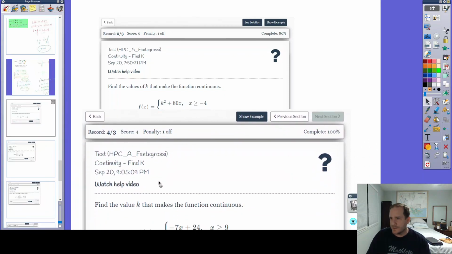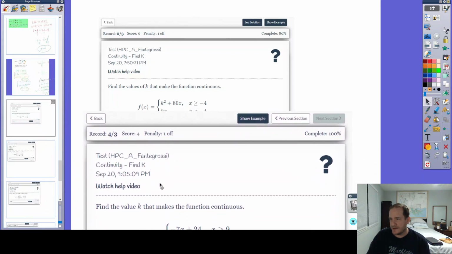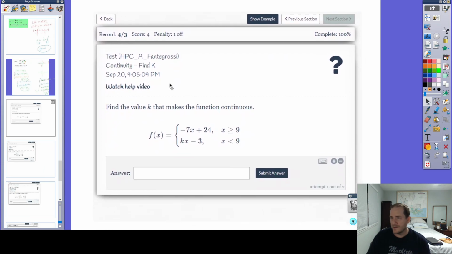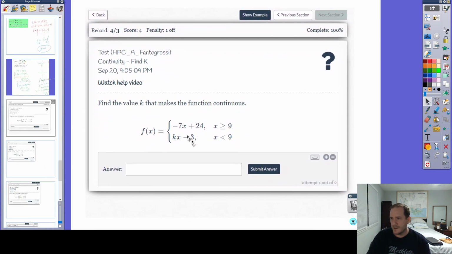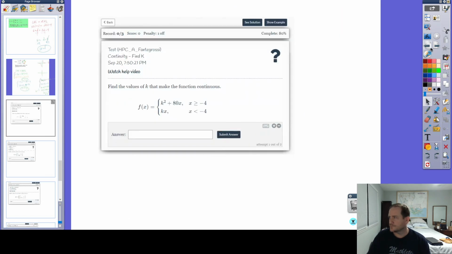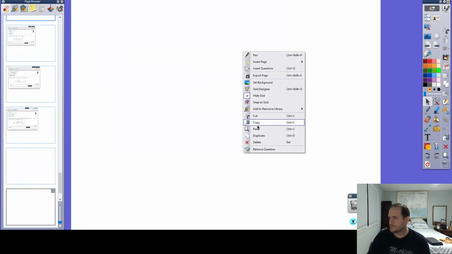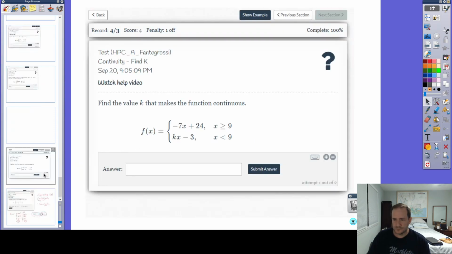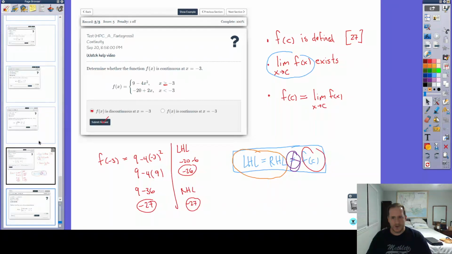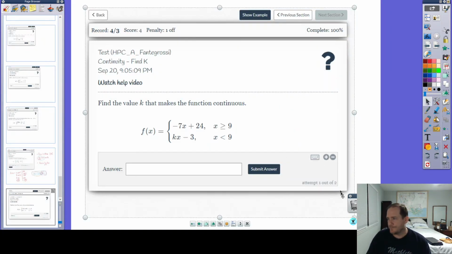So this one, k squared plus 80x, blah, blah, blah. This one is completely different. We'll go ahead and do this one. All right, so this one.